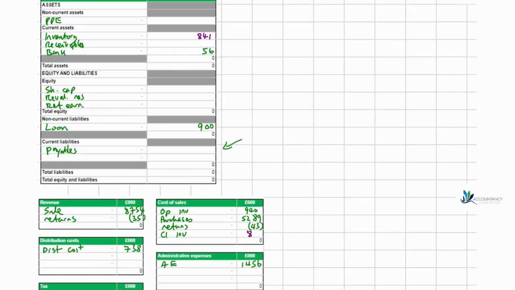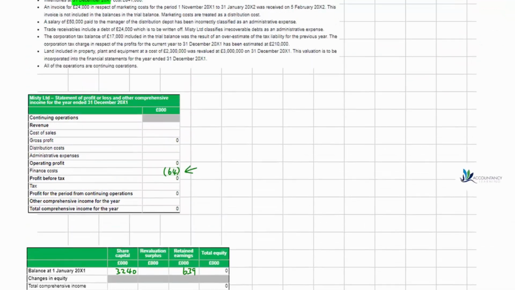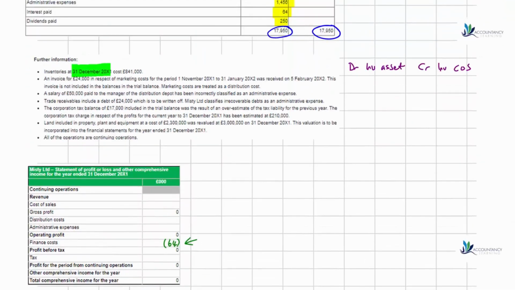So we're going to have our 841 appearing as a negative number in our cost of sales working. Okay, so we've done the debit and the credit for that. So I'm satisfied, I've finished that. I can now highlight that number as well as part of my project management. I need to keep control of what numbers I have used and which numbers I've not used.